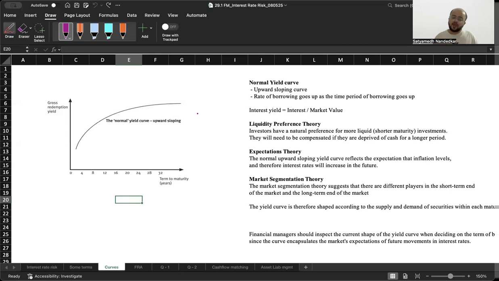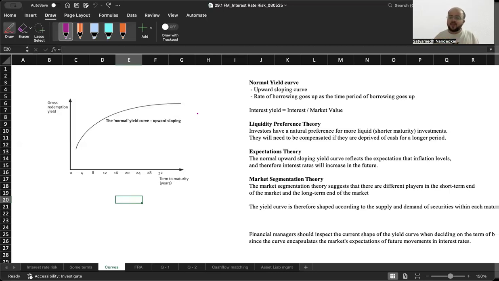And what if I ask you, can you give this 10,000 to me for 10 years? Don't you think you would be a little more insecure by this point in time? And rightfully so, because now you are going to stay away from your money for a longer period of time. Hence, you require a higher compensation for the amount that you have lent to me. So, the idea behind the upward sloping yield curve basically stems from this.